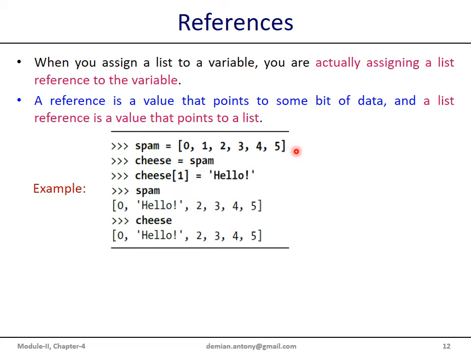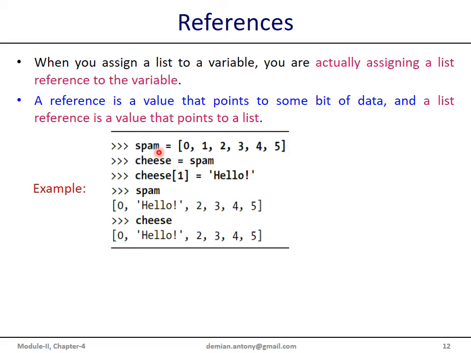This is a list. The items which are enclosed in square brackets are called a list value. And we use an assignment statement. It means that the base address where this list value is stored is assigned to spam, and this spam is a list reference.